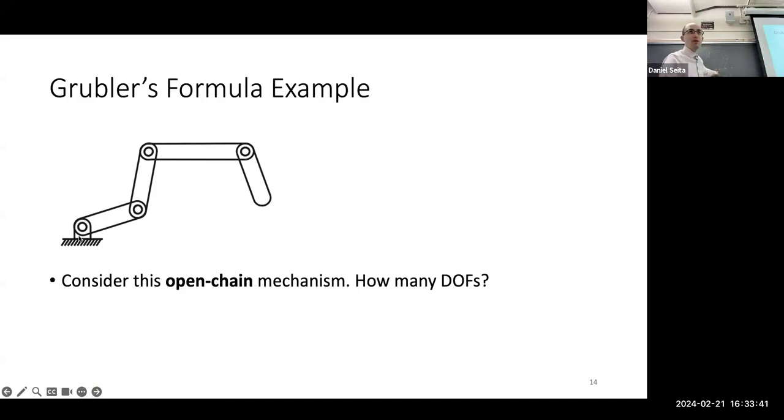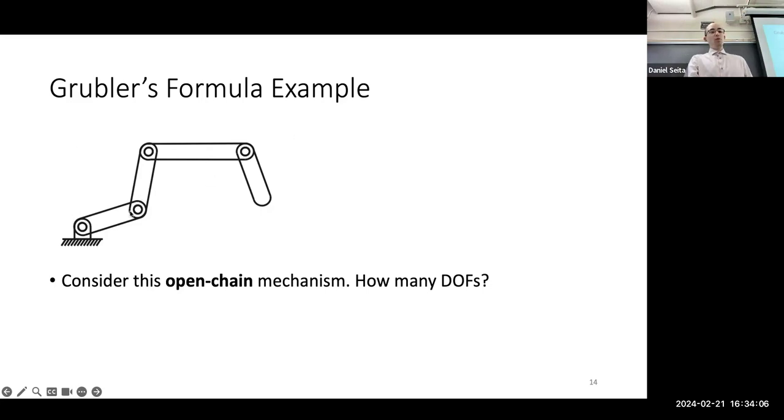So I drew the ground. So we have the ground that fixes the robot. And each of these circles represents a joint. And when we draw them, it's going to be the revolute joint because this is how you usually draw them, like they rotate about something.